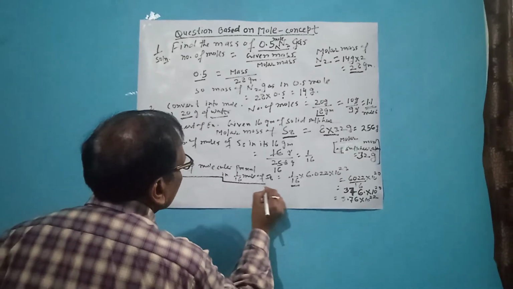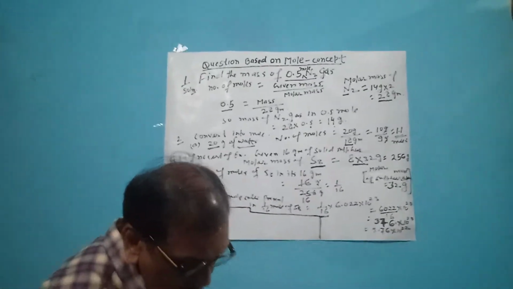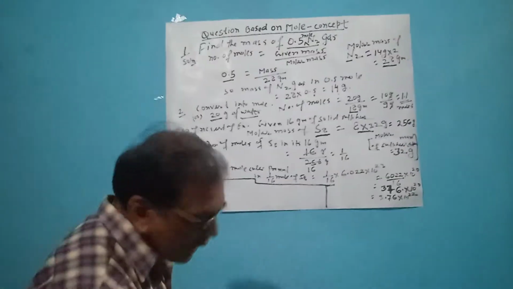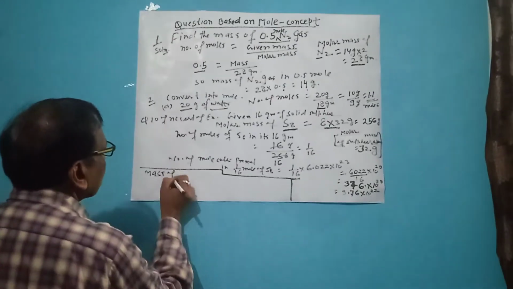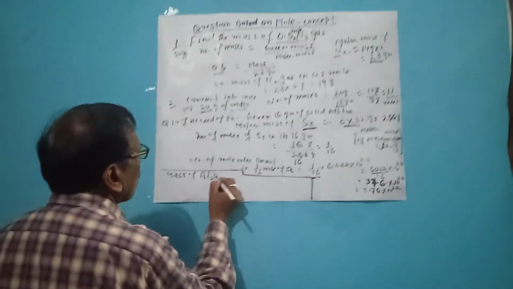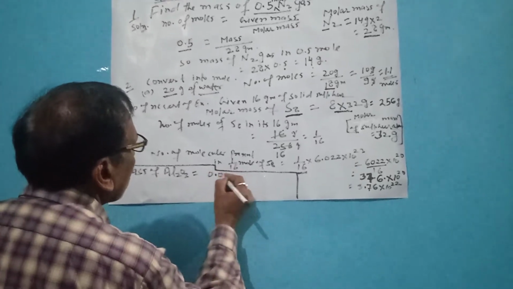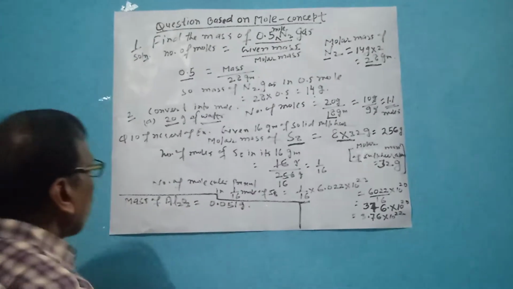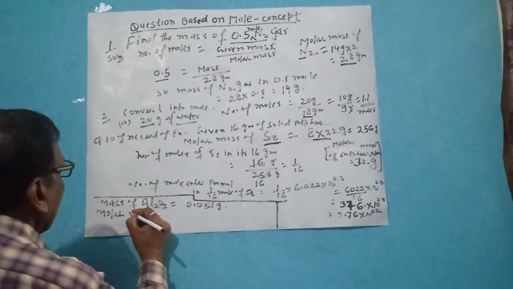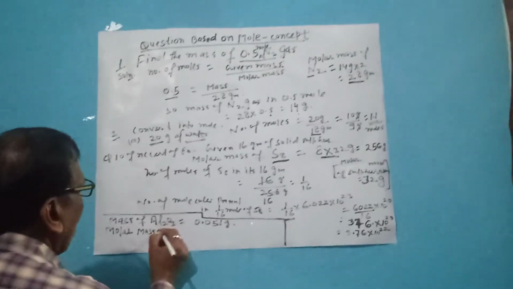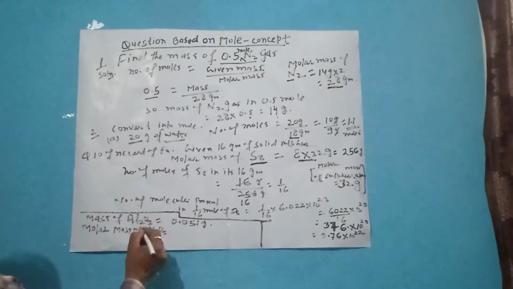I am describing here only question number 11 of the NCERT exercise. The mass of aluminum oxide Al2O3 is given: 0.051 gram.